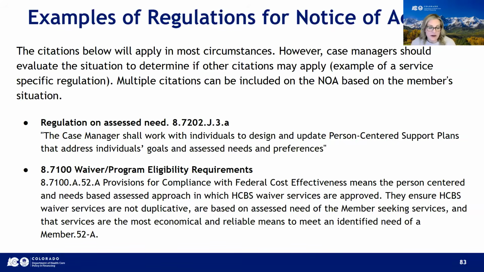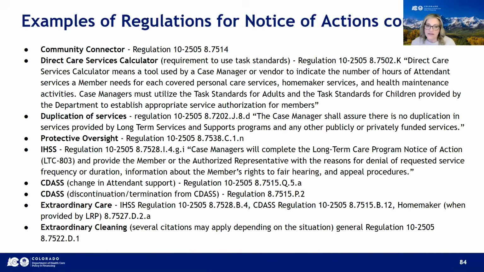There's another regulation on the slide here about waiver and program eligibility requirements. Remember, all service authorizations should meet regulatory definitions in rule, and you can review and cite additional regulations as needed. I always encourage you to be familiar with and understand regulations surrounding every service and process that you're working in. The next slide has an additional set of examples, a whole lot more here.